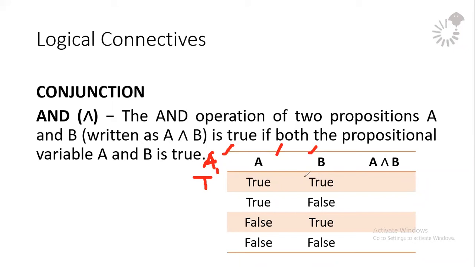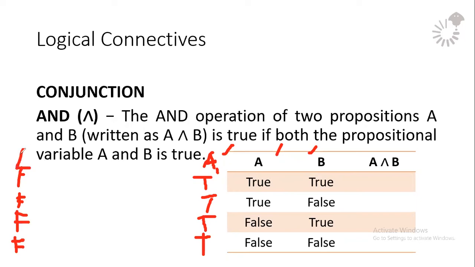Yung una is 1, second is 2, yung place values, tapos yung pangatlo is 4. So, tig-isang true and false, dalawang true and false, 4 na true and then 4 na false. So, kung tatlo yung variable natin, we have 8 possible combinations.